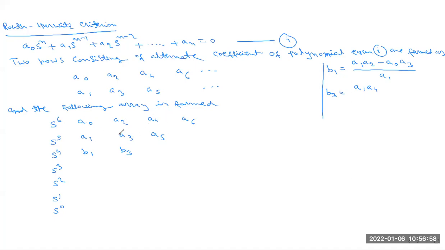So you have to consider this column and also this column. That means A1 dot A4, minus A0, A5, divided by A1.